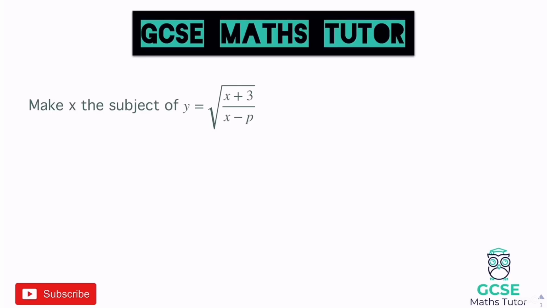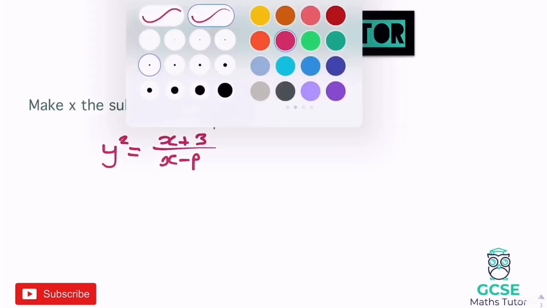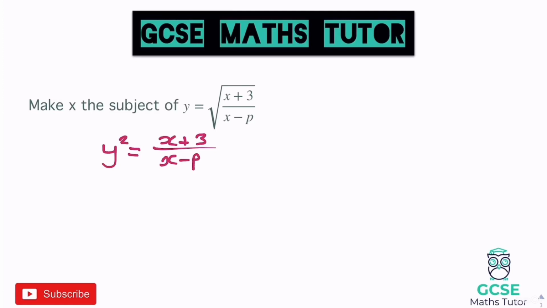So if we square both sides, we get y squared equals, and then what's left under the square root, it's not going to change, we're just going to have x plus 3 over x minus p. Now again, we've still got a fraction involved, so we need to get rid of this denominator. So whatever's on the bottom there, we're just going to times both sides by what's on the bottom. I'm going to stick it in a bracket because it's easier for me to move it. So x minus p, and times the other side by x minus p.